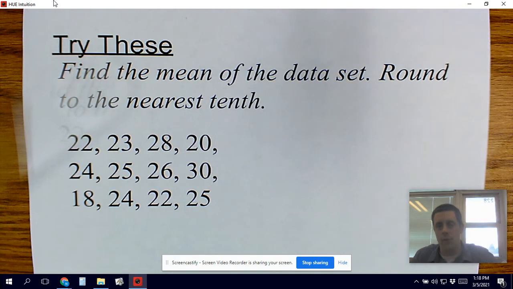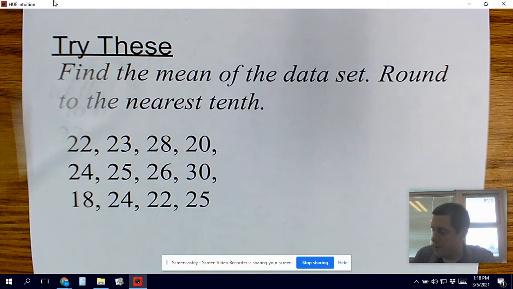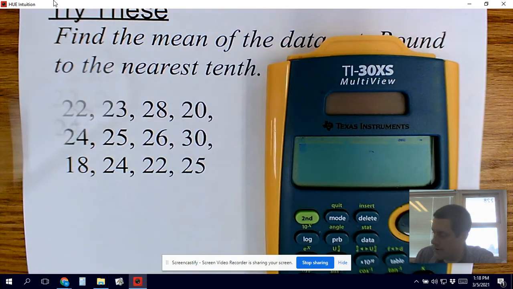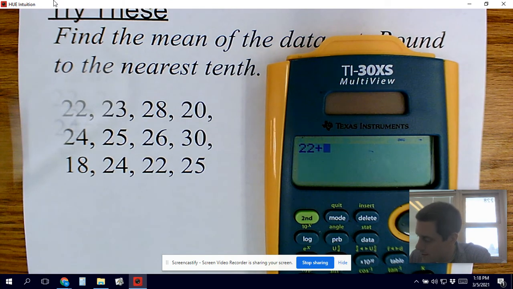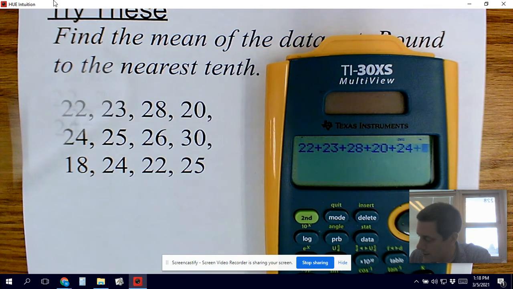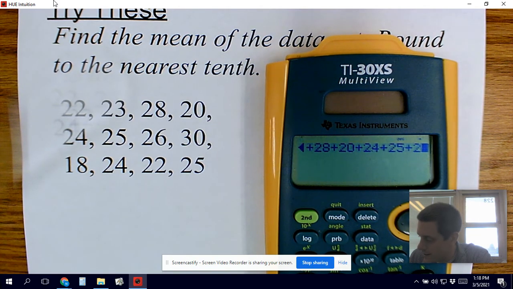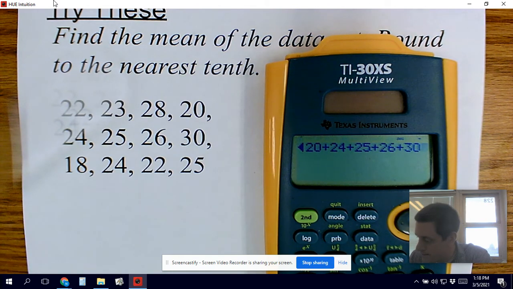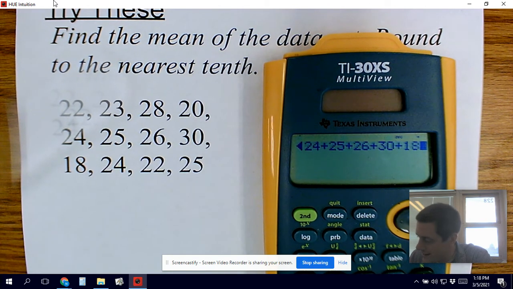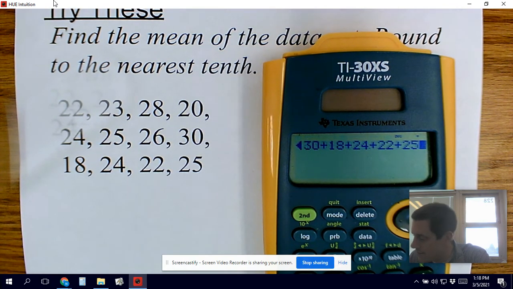Okay, boys and girls, let's check your work. Step 1, we're going to sum the digits. So in my calculator, I am adding together 22 plus 23 plus 28 plus 20 plus 24 plus 25 plus 26 plus 30 plus 18 plus 24 plus 22 plus 25.